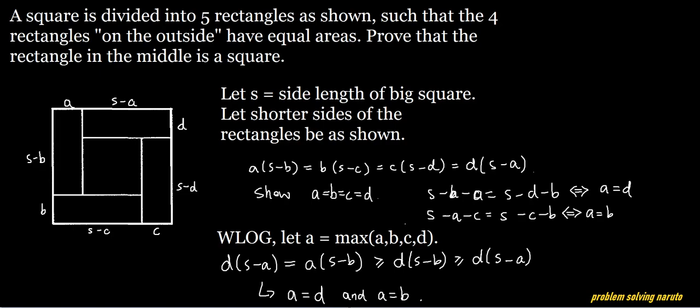That's what we want to show. S minus A equals S minus C, so that gives us C equals A. So we have proved that all of them are equal, and that's why the middle is a square.